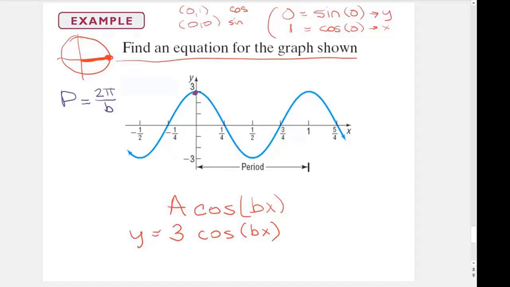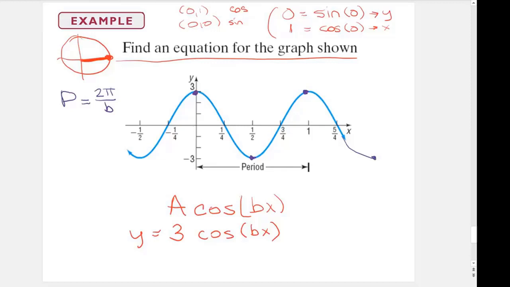If I'm starting here and I go through one full cycle, this would be where I would end, and then I'd start again. I could also start at 1/2, and if this went far enough, I would have another point right here that would be one cycle, or one period. But what it's telling me is my period is from 0 to 1 here.